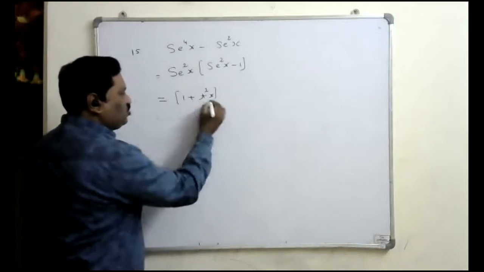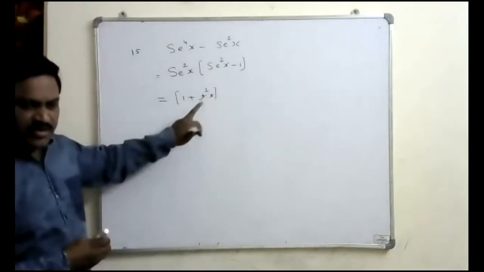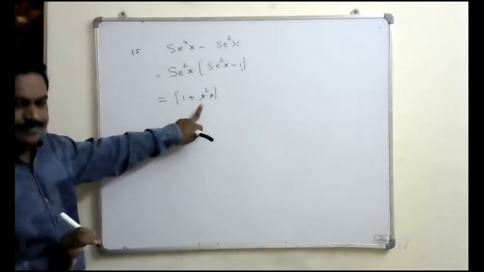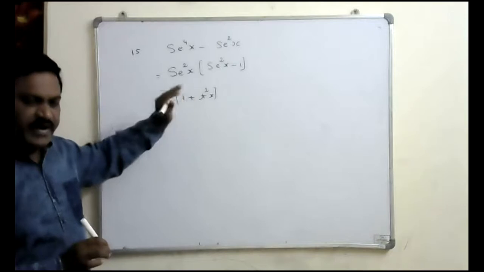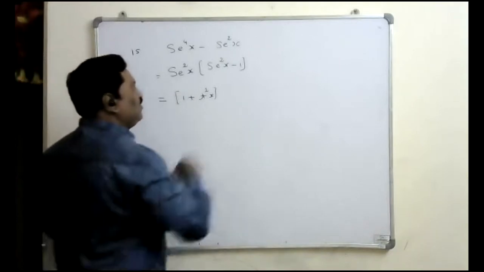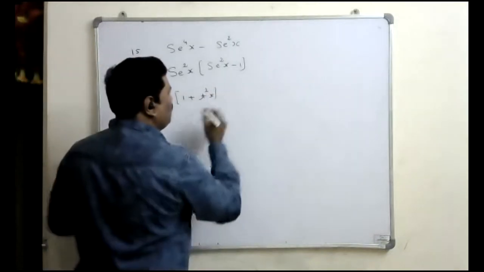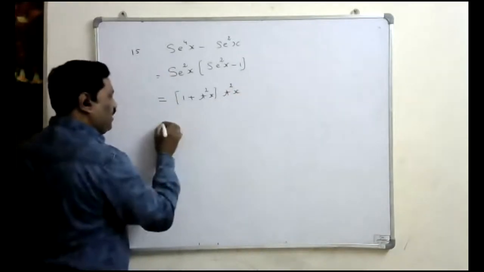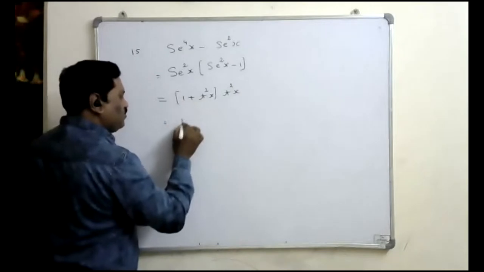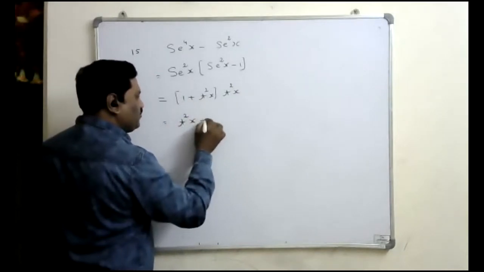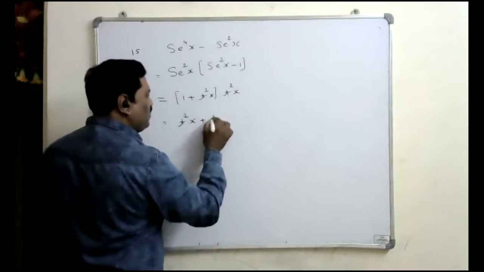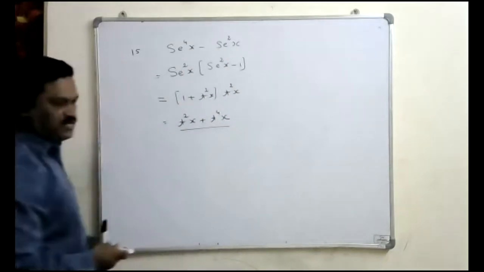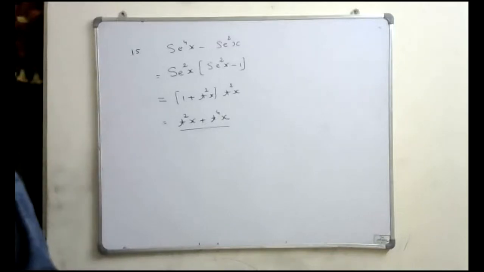Here I am using the short method to write all the trigonometric functions in terms of tan. So secant square x is 1 plus tan square x, and secant square x minus 1 is tan square x from the identity. Multiplying, tan square x into 1 is tan square x, plus tan square x into tan square x, that is tan power 4x. So this value is equal to this much. That is the answer.